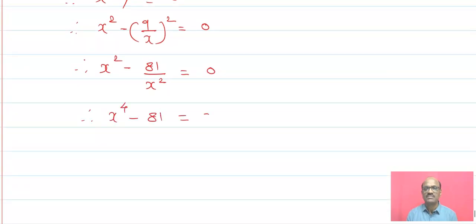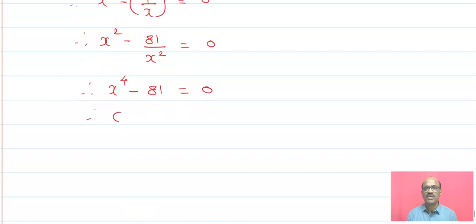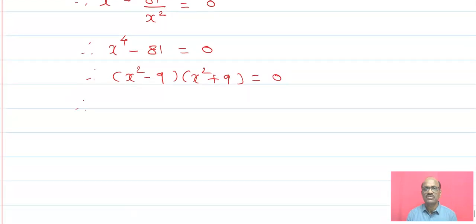Now simplifying, you will get x raised to 4 minus 81 equals to 0, and you will get in first bracket x square minus 9, x square plus 9 equals to 0. Therefore, x square minus 9 equals to 0 or x square plus 9 equals to 0.